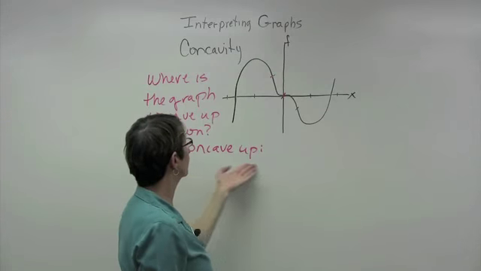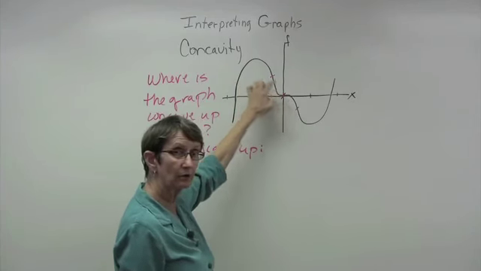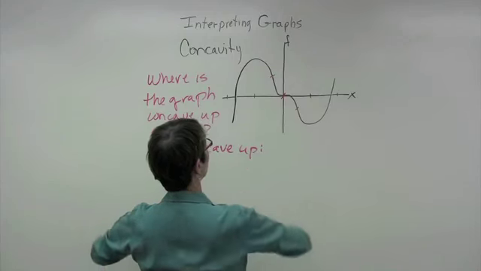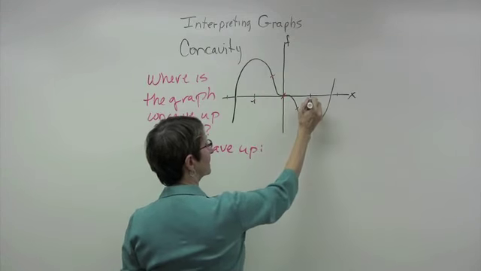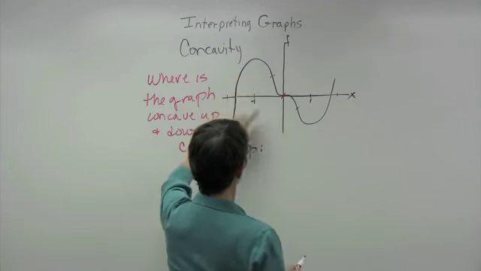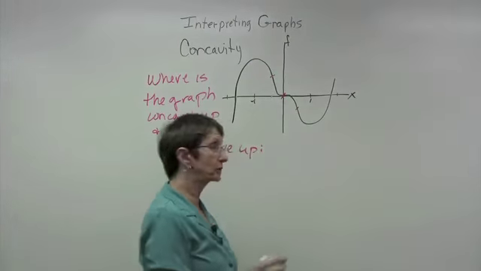So the intervals where it's concave up would be this little piece in here. If this is, say, -1, and this is +1, then it looks like it's concave up starting here, maybe about -0.3.